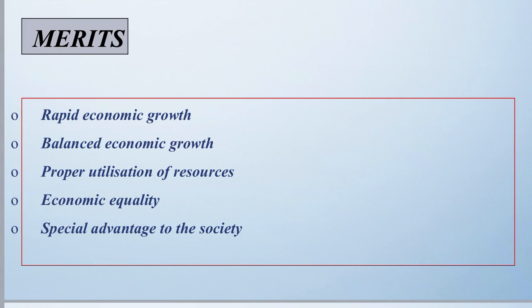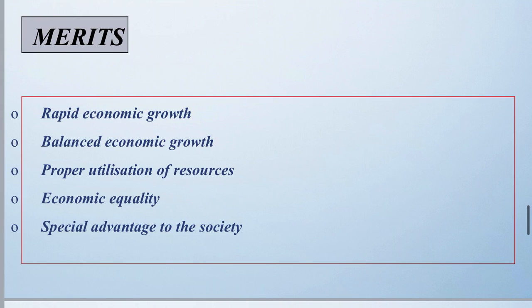Second one, balanced economic growth. Mixedism promotes balanced growth of economy. What do you mean by balanced? There are three major sectors in a country. What are they? Primary sector, which is agriculture, secondary sector, industries, tertiary sector, services.